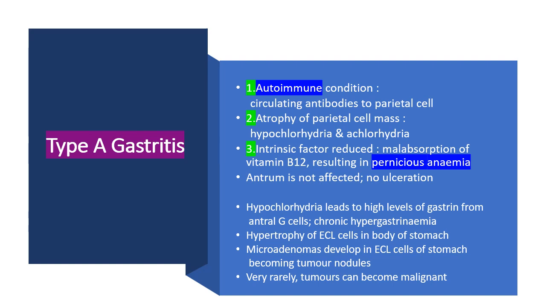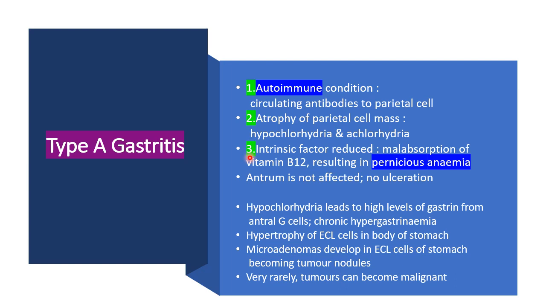Type A gastritis is an autoimmune condition due to circulating antibodies to the parietal cell in the stomach. As a result, there is atrophy of parietal cell mass leading to hypochlorhydria or achlorhydria, either decrease or absence of hydrochloric acid in the stomach.